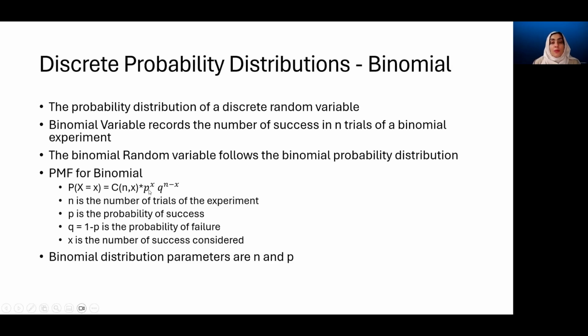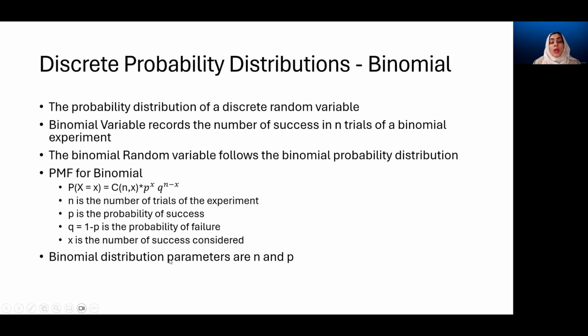So this is P, the probability of success, raised to the power X, which is the number of successful trials that we are considering. And Q is the probability of failure, which is the complement of P, and it is raised to the power of N minus X. And N minus X is the number of trials which were not success, which were failures. In our case, it is going to be the number of people who are not girls.